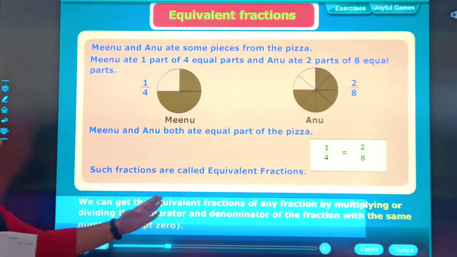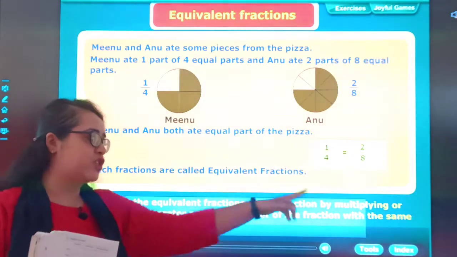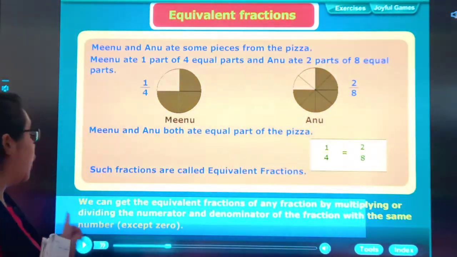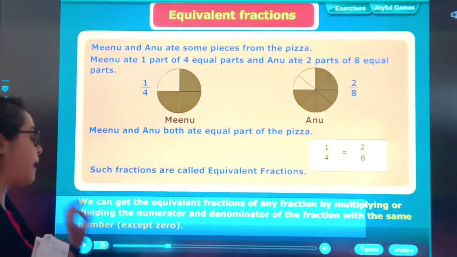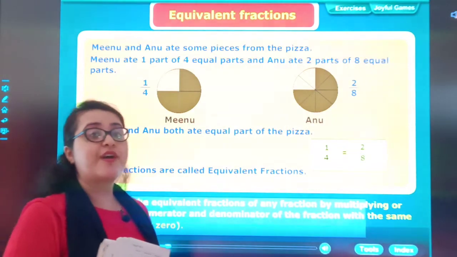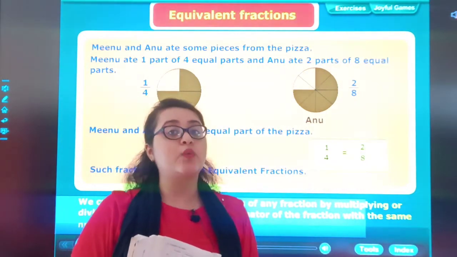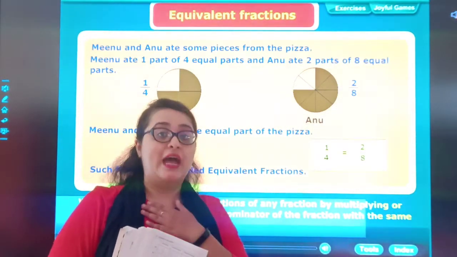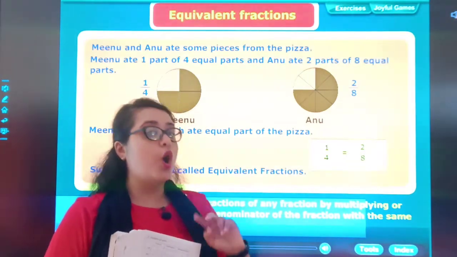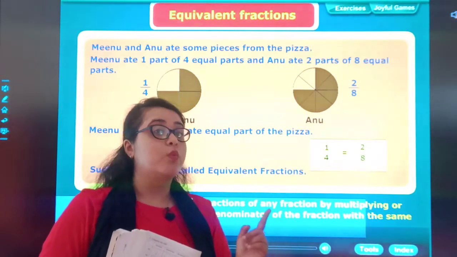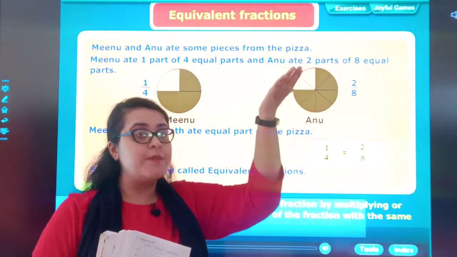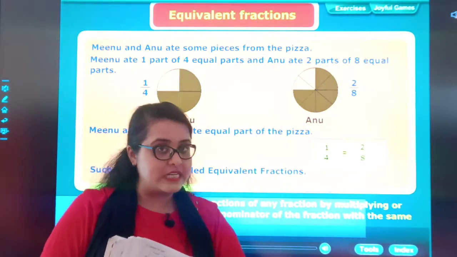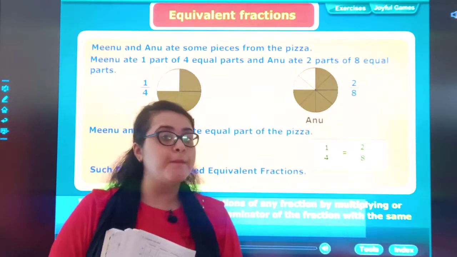We can get the equivalent fractions of any fraction by multiplying or dividing the numerator and the denominator of the fraction with the same number. If I want to find the equivalent fraction, I will multiply or divide. What will I multiply and divide? I will divide the numerator as well as denominator with the same number. Okay?